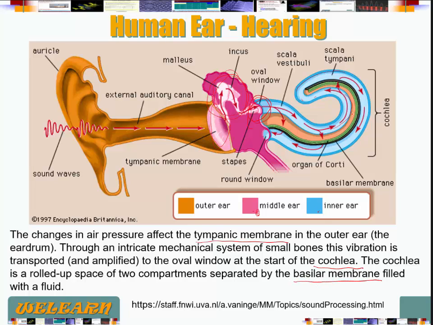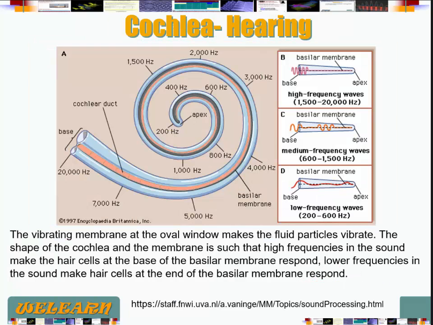Now, the cochlea has these two compartments, number 1 and 2, that are separated by what's called the basilar membrane. This membrane here. And these compartments are filled with a fluid. So as the membrane at the oval window vibrates, it's going to make the fluid particles inside the cochlear canals vibrate.